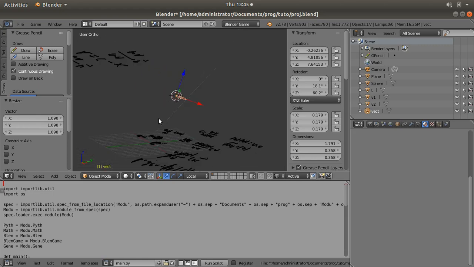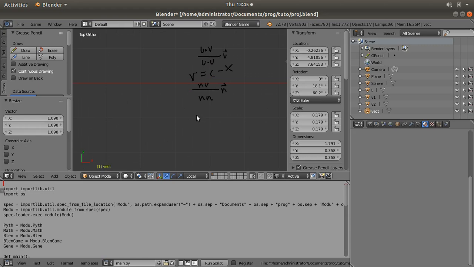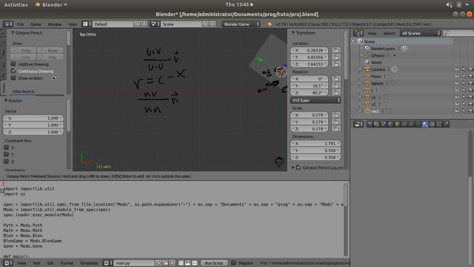So we have our projection formula, and that's the same. We're going to do a new projection from the ray. We're going to project the ray onto the normal, and we're going to use the same vector, I think.